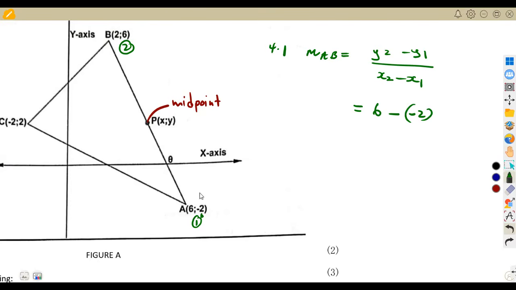So that's a -2. Remember, that's 6 minus 2. The point there, it's 6 minus 2. Okay, you do the same on the X value. The X at point 2, which is 2, minus the X at point 1, which is 6. So this was going to give us 8 over minus 4, which is minus 2. So we've got a gradient there of -2. That's the gradient of what?